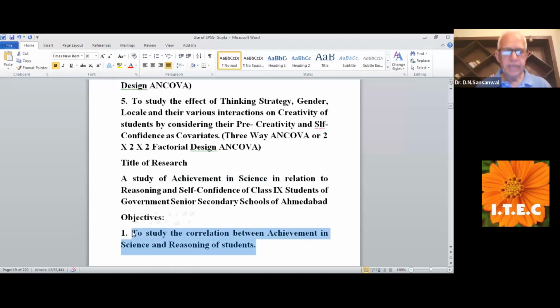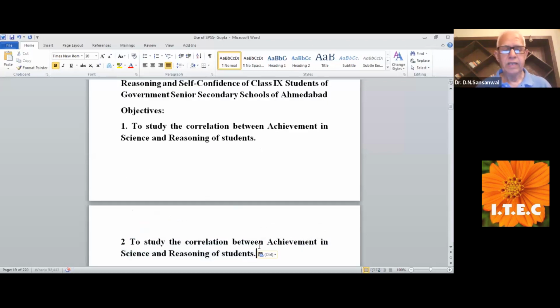I can write another objective: to study the correlation between achievement in science and reasoning of male and female students separately.